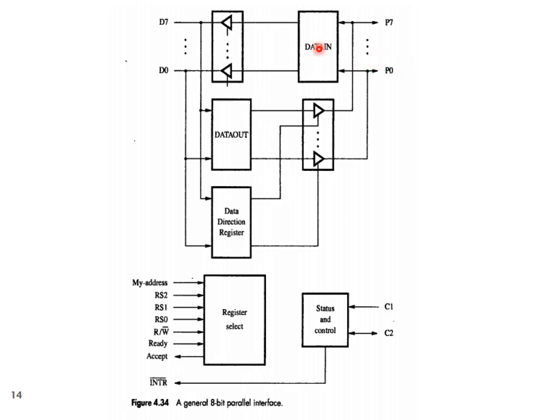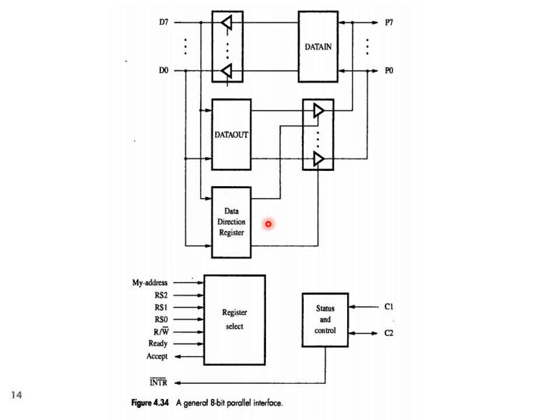So here we have the data in register and here we have the data out register. The data in register works in the normal fashion itself. The data out register's working is controlled by a new register called a data direction register. When some data is to be sent to an output device, whatever data is to be sent will depend upon the values inside the data direction register.